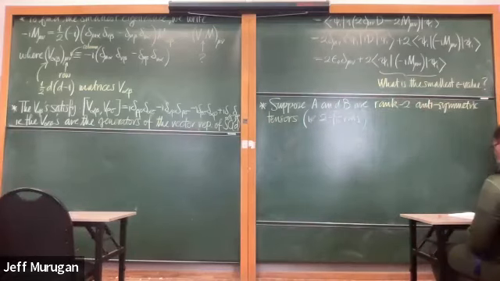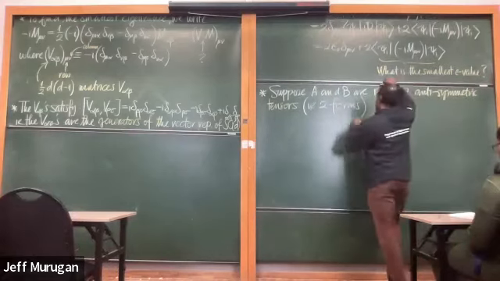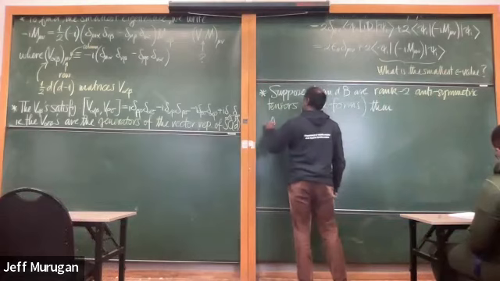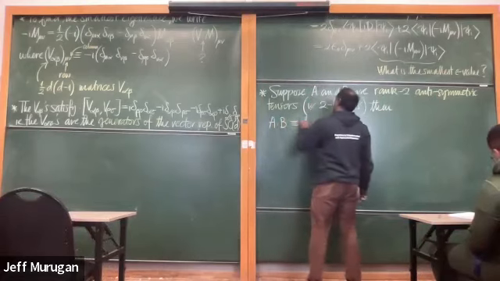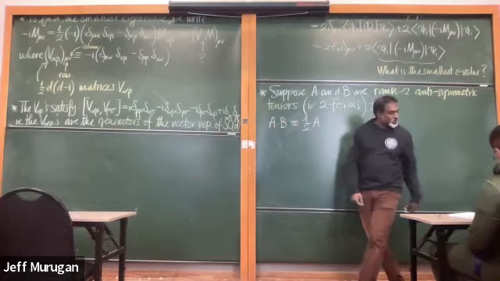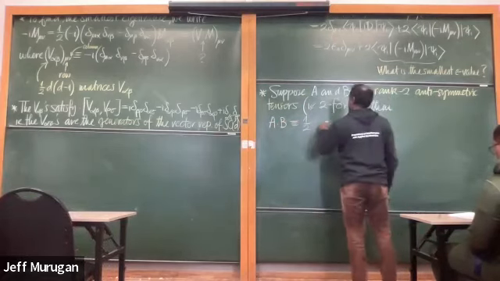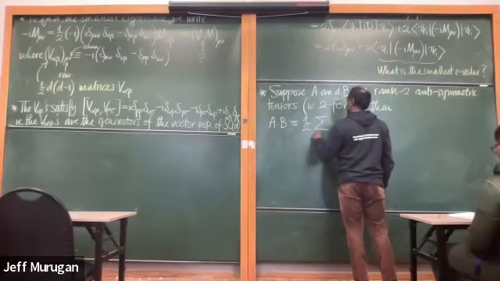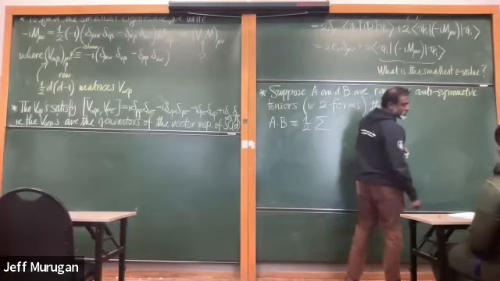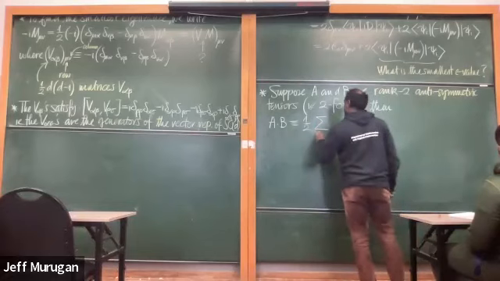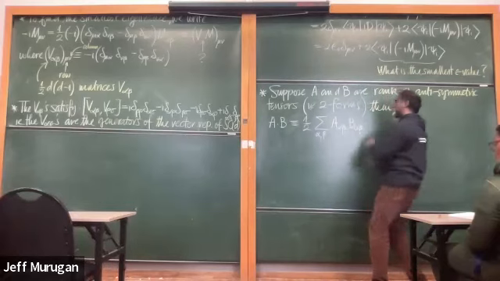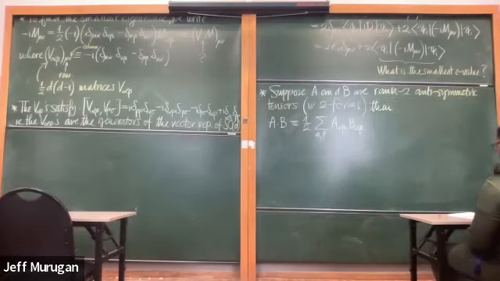Then what we've done here is define A dot B as 1/2 of the sum over alpha beta, A alpha beta B alpha beta. Notice the summation expression.